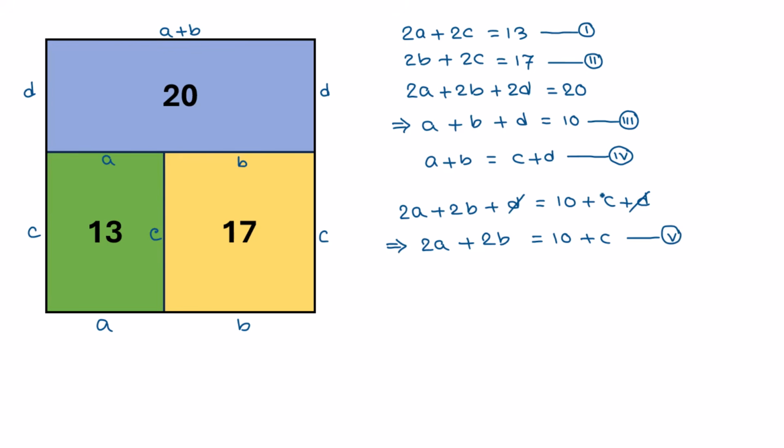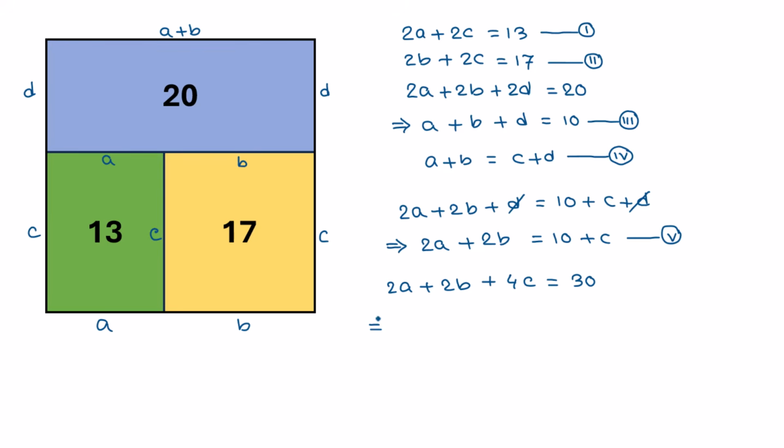Now add equation 1 and equation 2. Adding these two equations, we get twice A plus twice B plus twice C plus twice C, which is 4C, is equal to 13 plus 17, which is 30.